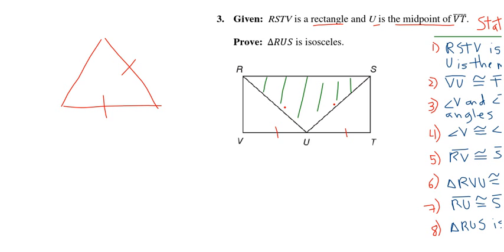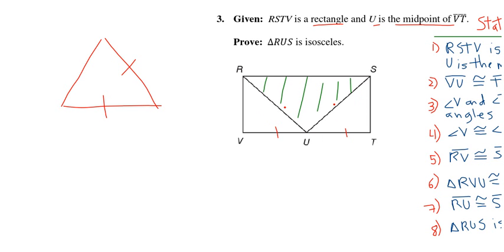So now we ask ourselves, how do we prove that these two segments are congruent? Well, the only way to prove that segments are congruent is by proving that two triangles are congruent. So we actually need to prove that triangle RBU is congruent to triangle STU. So we need to show that these two triangles are congruent.